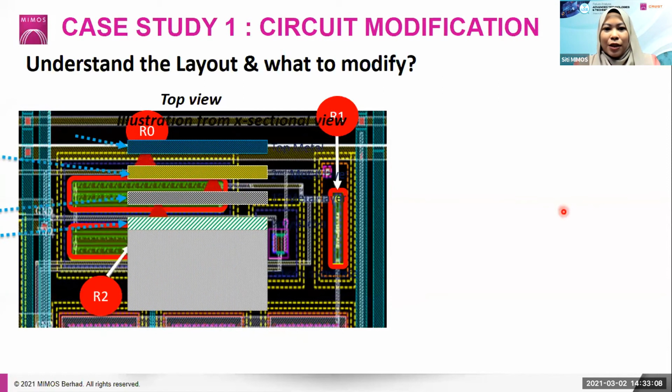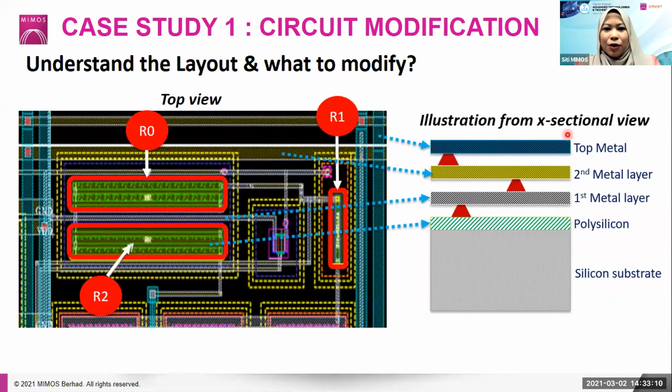Okay, so let's look at here. From the cross-sectional view, you can see that the top metallization layer is in this blue color. And then we have the second metallization layer here, which is in yellow color. This is the first metallization layer that we need to isolate later on. And for the resistor itself, it is made of a polysilicon.